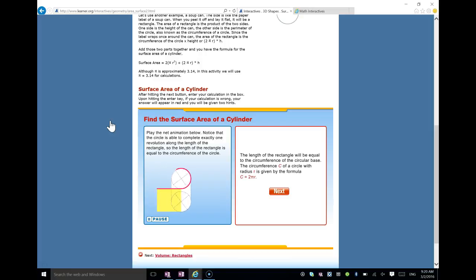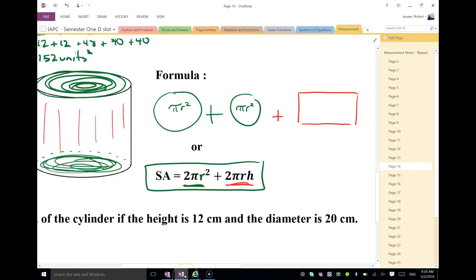The height of the rectangle is the height of the cylinder. The length of the rectangle is the circumference of the circle, and the circumference of the circle is 2 pi r. So looking back at this formula, there's where you get the 2 pi r, and there's where you get the h.